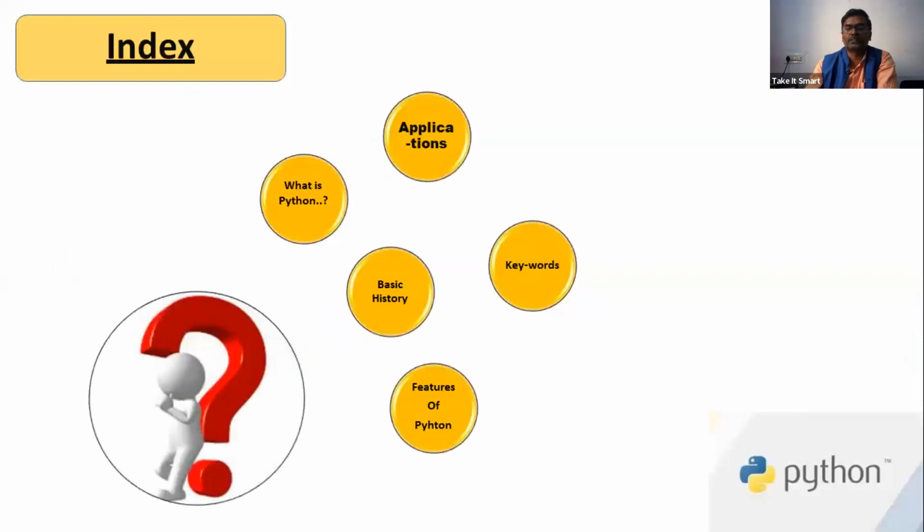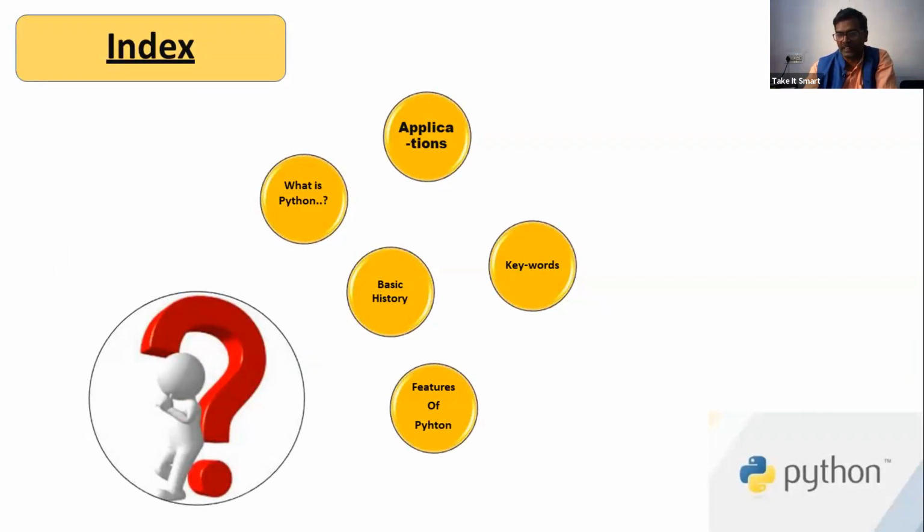So let's know something more about Python. What is Python, where do we use it, and what kind of applications can we develop using Python? Basic history, and what are the keywords and features of Python? We are going to discuss these points. If I ask what is Python, I think you all have at least a bit of knowledge.